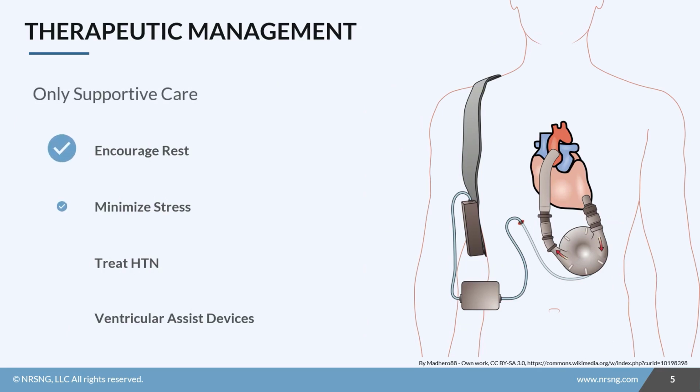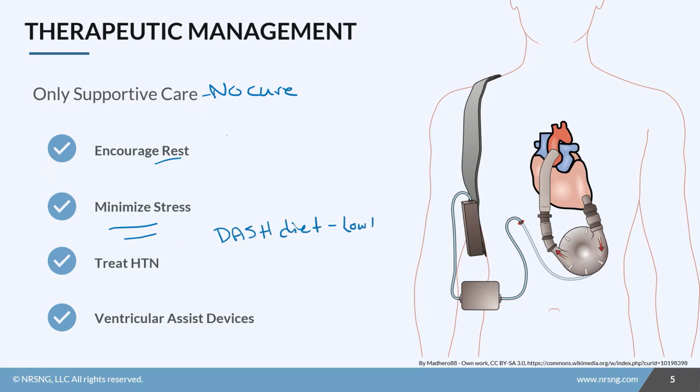So when it comes to therapeutic management, one thing to note is that in most cases, there's no cure. A lot of times it's only supportive care. So that involves similar things that we would do for a heart failure patient, like encouraging rest and for them to cluster their activities. We also want to minimize their stress and treat their hypertension, especially if that was the cause. So this could be things like the DASH diet, sodium restriction, low sodium.